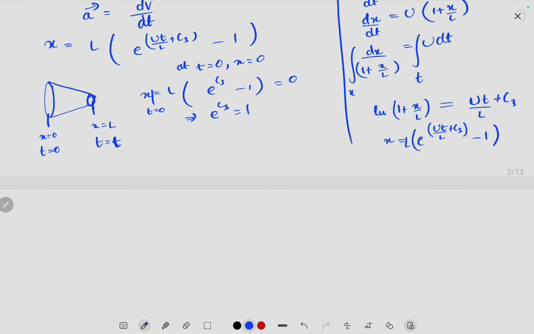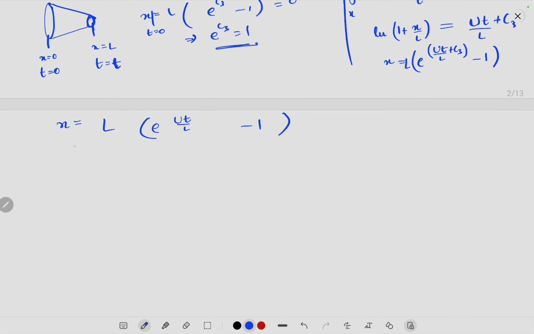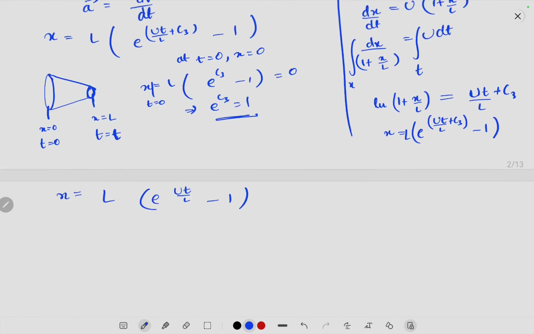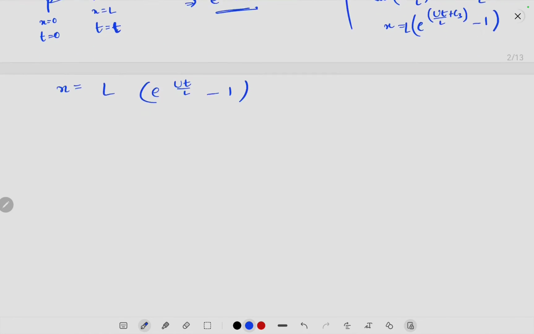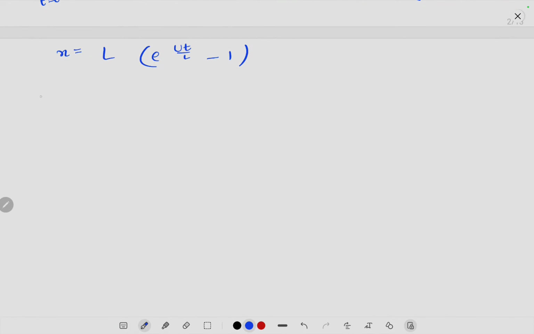Okay, so from this analysis, if e to the power c3 is 1, I can write x equal to l times e to the power ut by l times e to the power c3 minus 1, and e to the power c3 was 1. So I can just write e to the c3 as 1, and something into 1 is that something. So this x becomes this thing. Okay, so we use this boundary condition to get rid of this constant e to the c3. Okay, so this is my x. Now what will be my velocity?